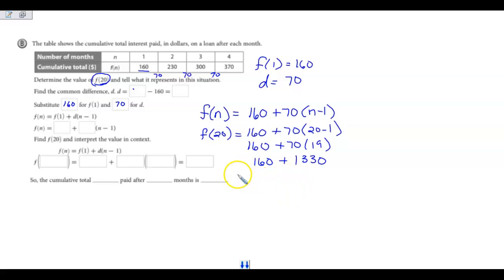And so my 20th term is going to equal 1,490. And that's going to be in dollars. So the cumulative total is 1,490 paid after 20 months.